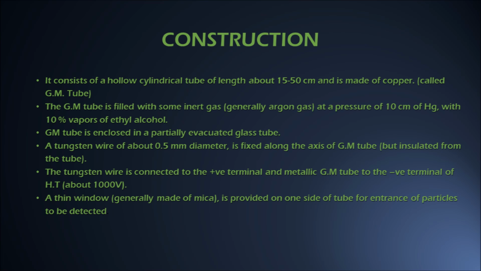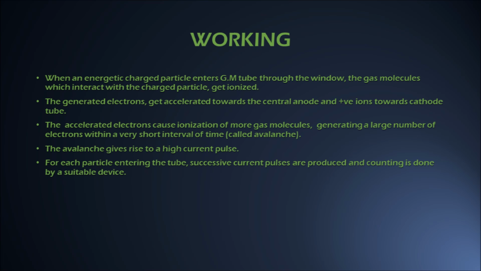Now let us come to working of GM counter. When an energetic charged particle enters the GM tube, the gas molecules which interact with this charged particle get ionized. The so generated electrons get accelerated towards center anode and positive ions towards cathode tube.